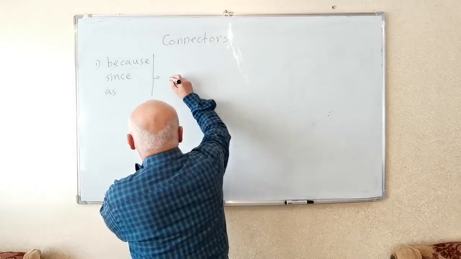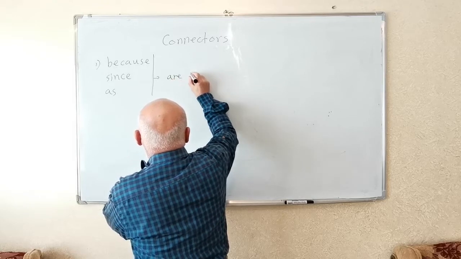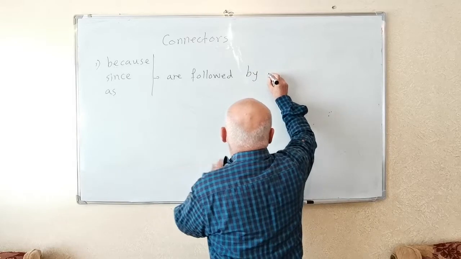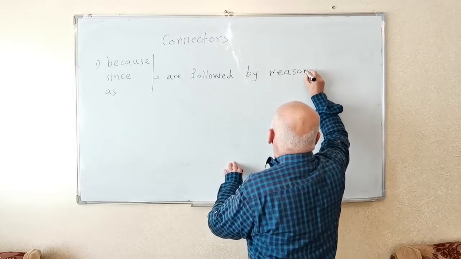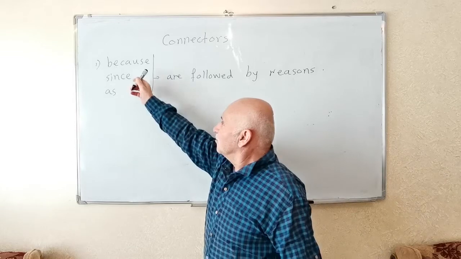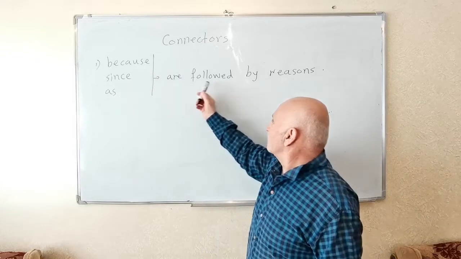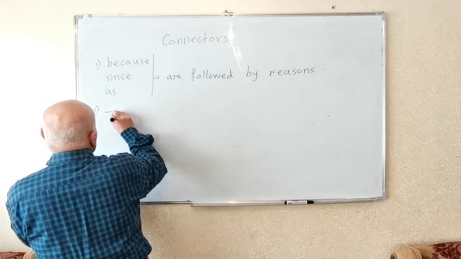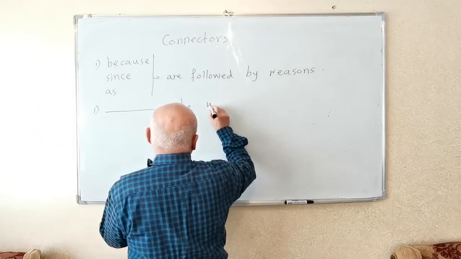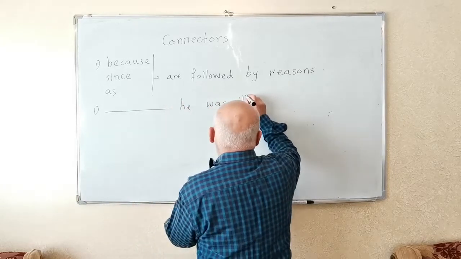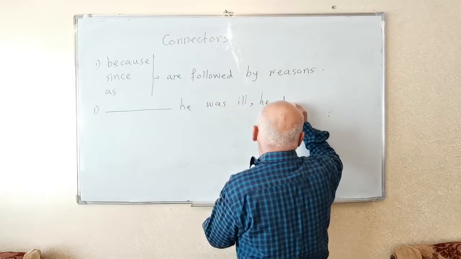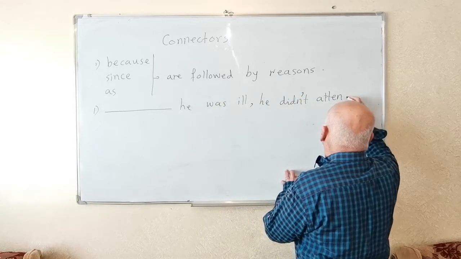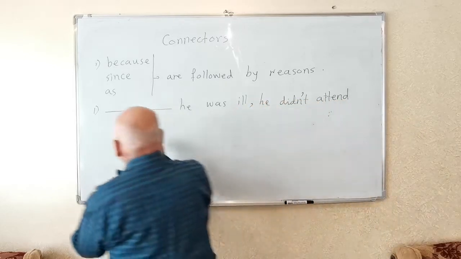They are followed by reasons or causes. Because, since, as are followed by reasons. Number 1: he was ill. He didn't attend the conference.